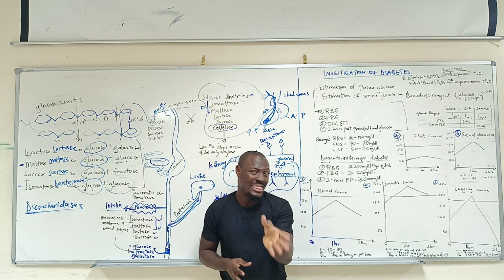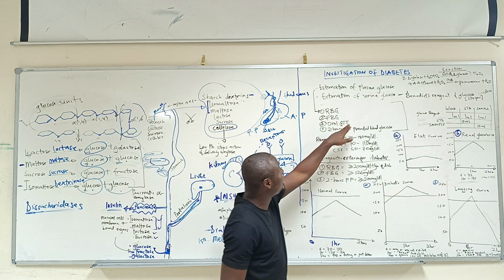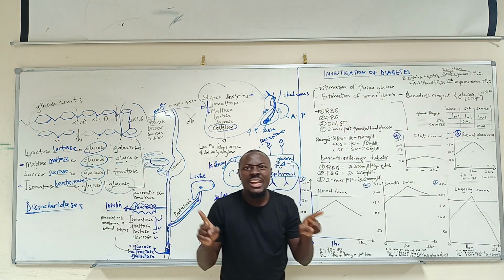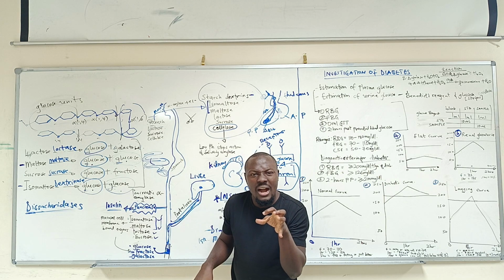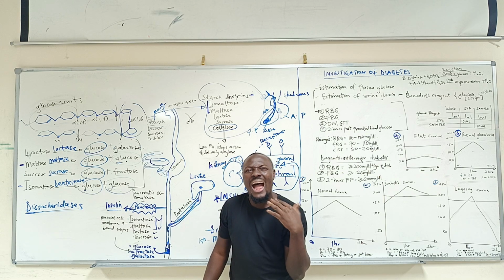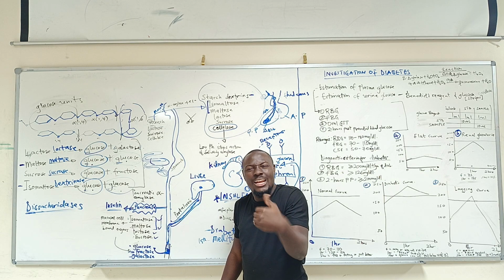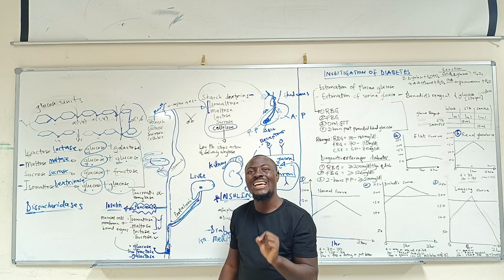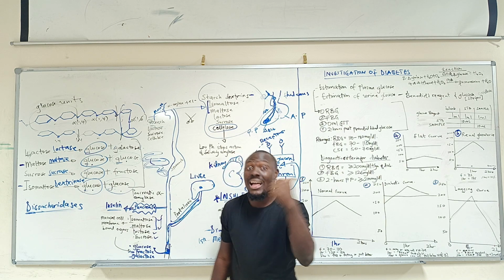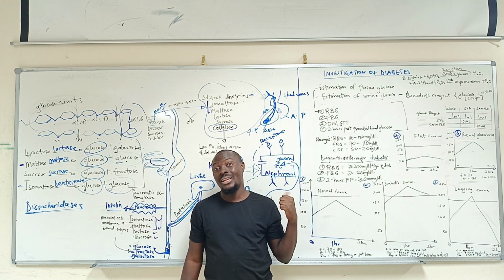But this particular type of test, as in determining glucose in the urine, is not really diagnostic, because other different things can cause a patient to have glucose in his or her urine other than just diabetes. This is very key.